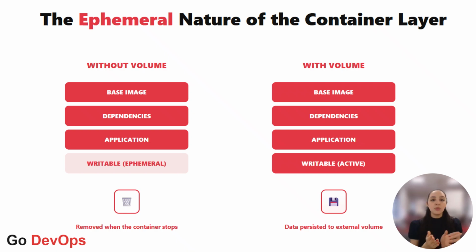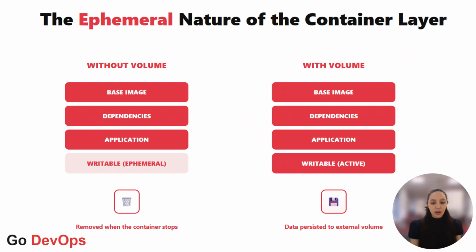And that's why we call containers ephemeral, because they're meant to be short-lived. They are, of course, lightweight and easily replaceable. And you don't fix a container, you simply rebuild it or redeploy it.